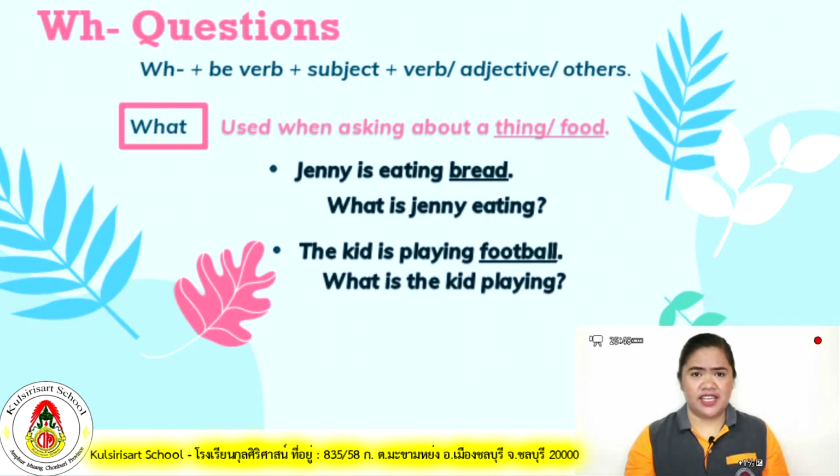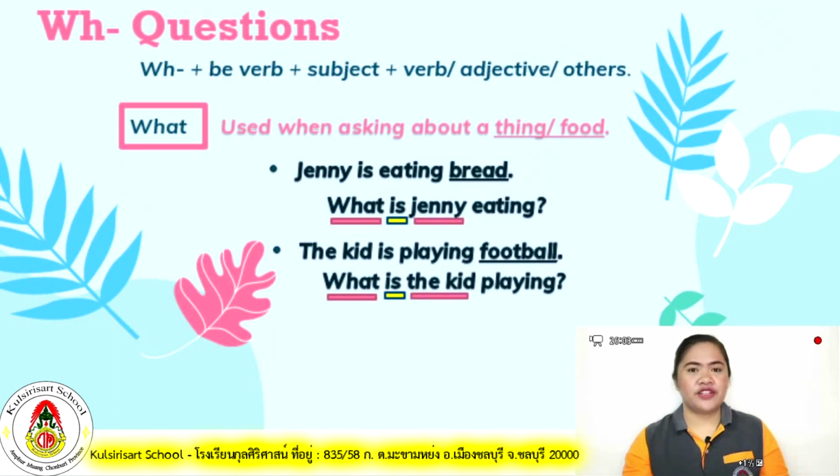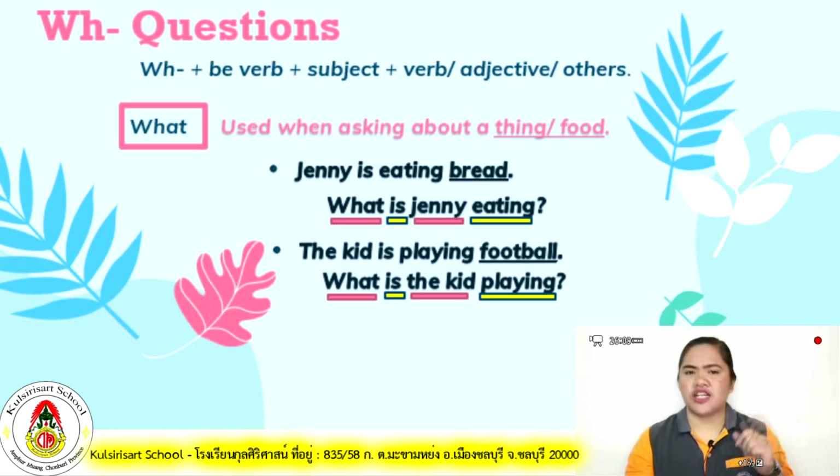Remember the formula: WH word plus be verb is plus the subject of the declarative, and next is the verb, adjective, or any continuation. In these sentences, we use the verbs.